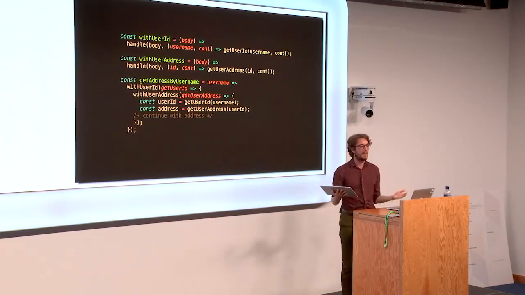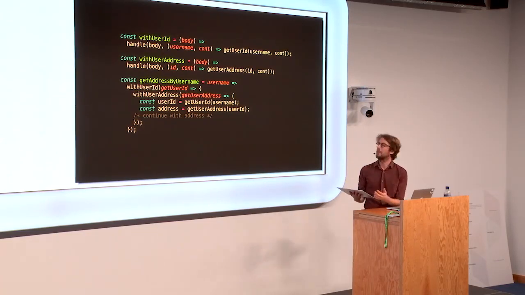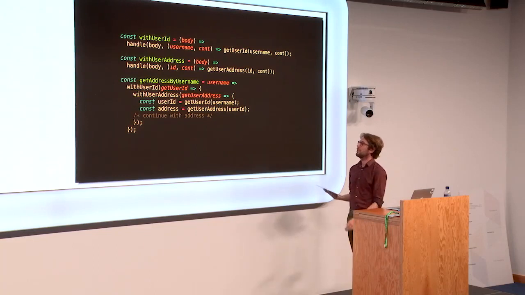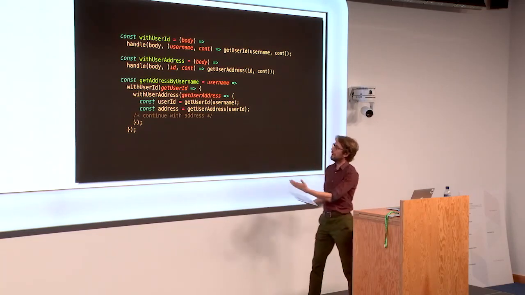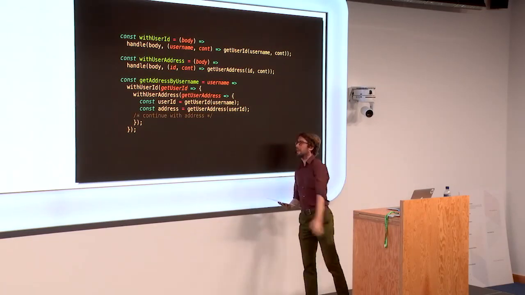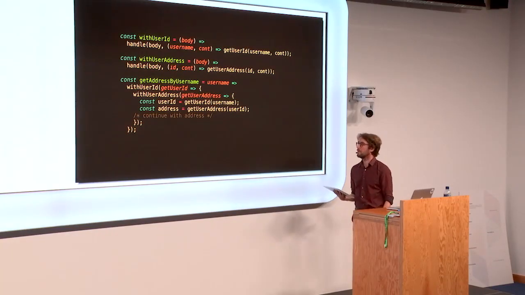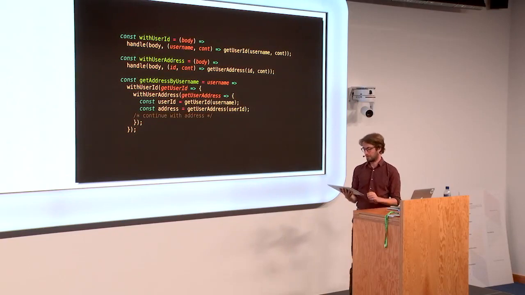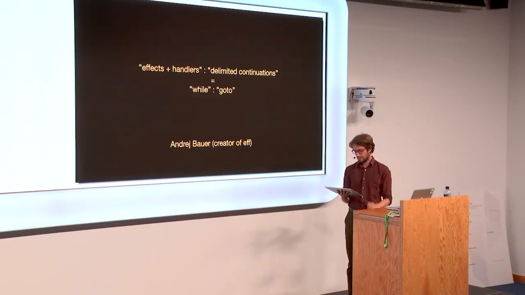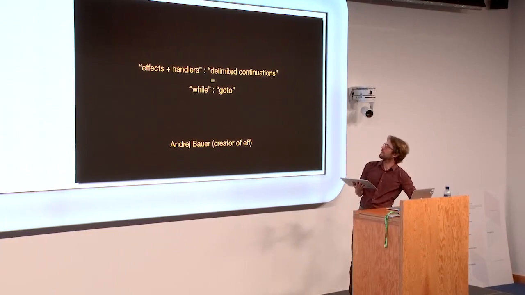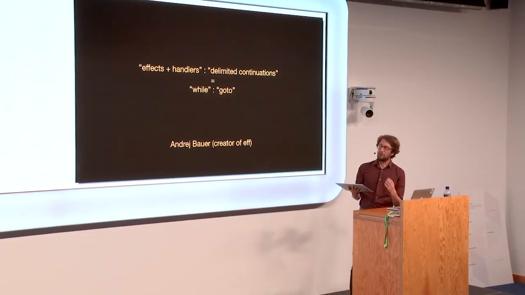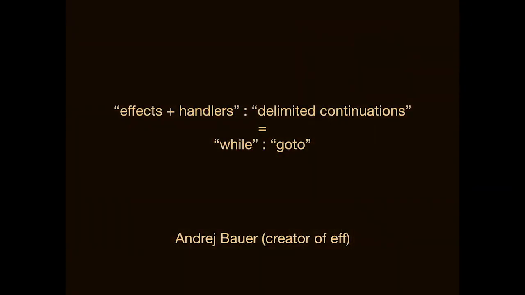But the point is that we can encapsulate any kind of behavior. So we could have a much more specific handler. We would still come out with this sort of nicely composable code, but with less generic functions. So I find this a nice comparison. That extra structuration that you get with effect handlers is similar to the extra structuration that you get with while compared to goTo.